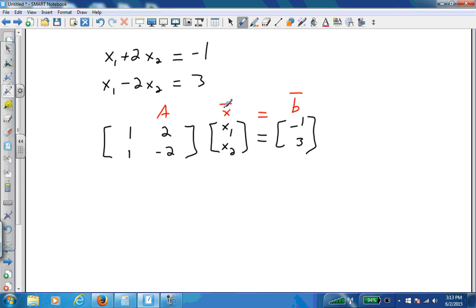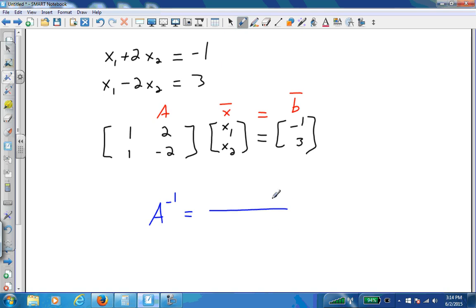Remember from vectors, we normally put a bar over the top to refer to something as a vector. So to get X, we want to multiply out front over here by A inverse, and out front over here by A inverse. So let's get A inverse.